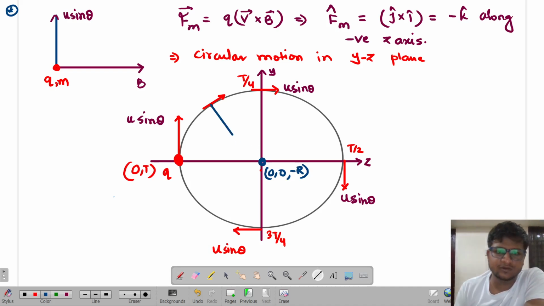So at any time, if I want to find the coordinate of the particle, then this is some angle phi which the particle will travel in time t.